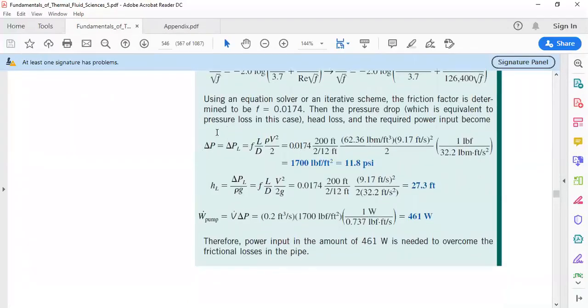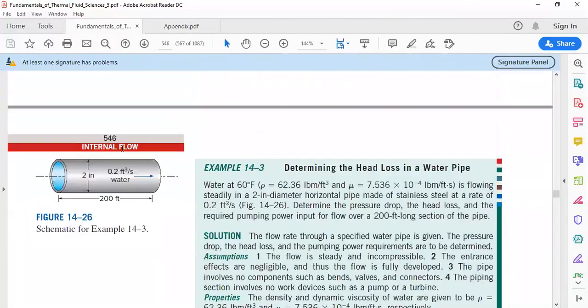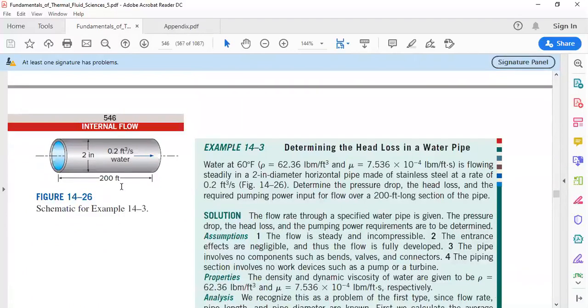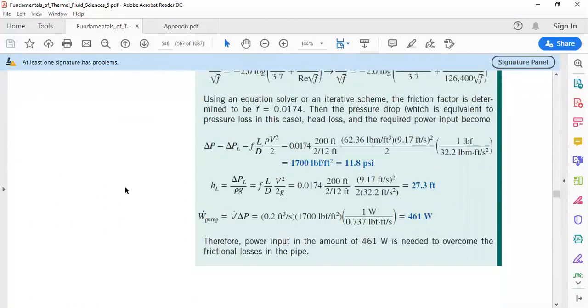Now to calculate the pressure loss, the pressure drop equals the pressure loss in this case, since we don't have any pump, turbine, or change in elevation. We showed that in example 14.1. No components, so the pressure loss is mainly due to the major losses, which is according to this equation.